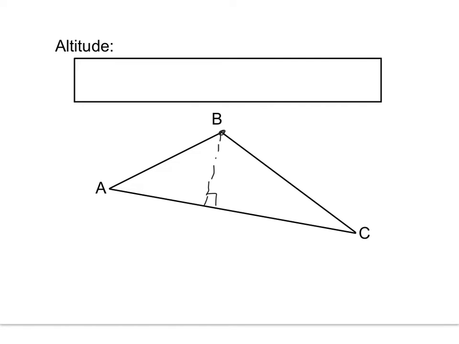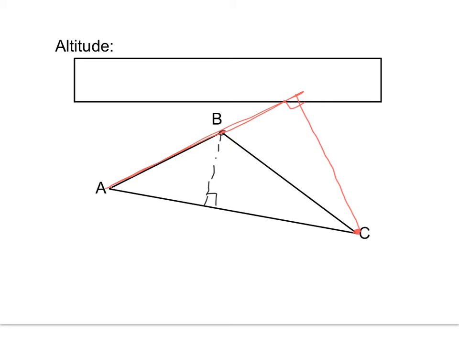And just like our medians, we also have multiple altitudes. So if I wanted to start at vertex C here and find the altitude, well, I'm going to extend out this side and then try my best to draw a right angle in here. So there you go. So that's my altitude right there. It's this guy right here that would be my altitude if I started at vertex C. And so there's another altitude going from A to probably right about here, okay?